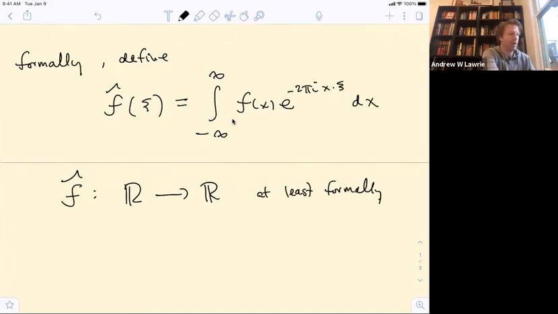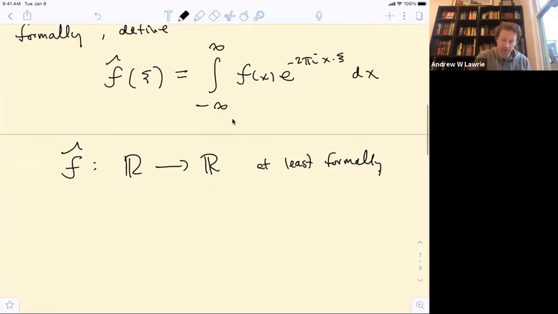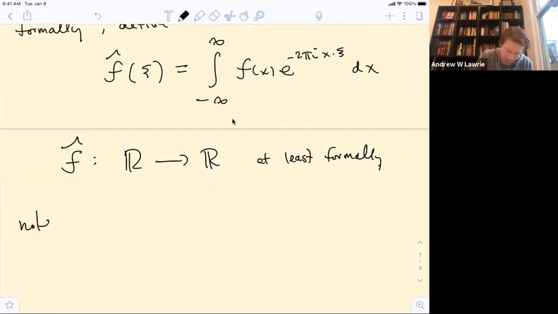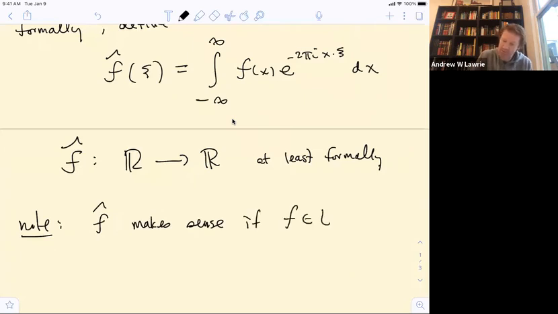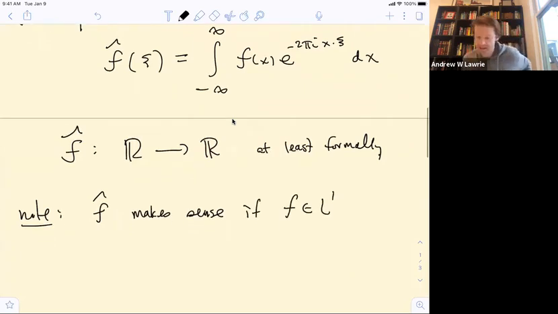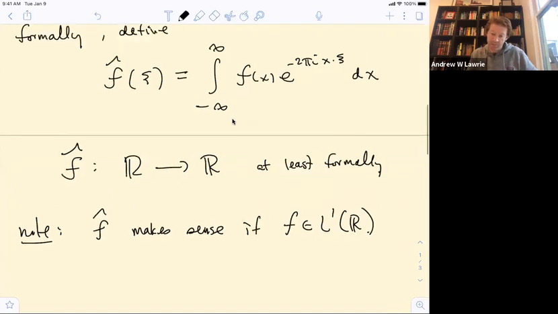So note f hat makes sense if f is in L1. If I just take an L1 function on R or R^d, then f hat makes sense, because you have to ask if this integral makes sense.